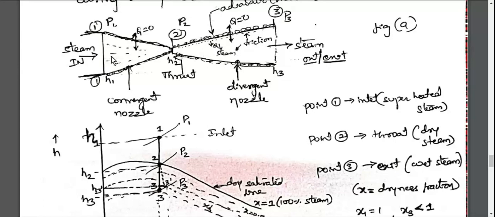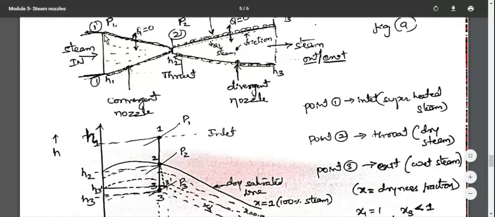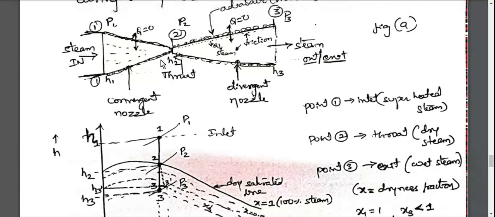So here it has small length. When the convergent nozzle length is small, the friction is small, less compared to the divergent. So the friction factor in the convergent nozzle is neglected. When friction is neglected, it becomes an ideal expansion process.